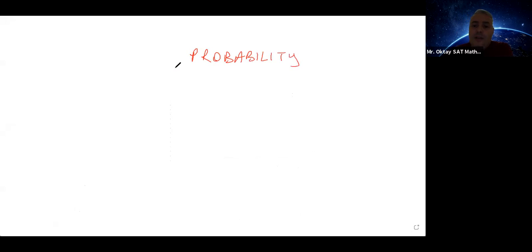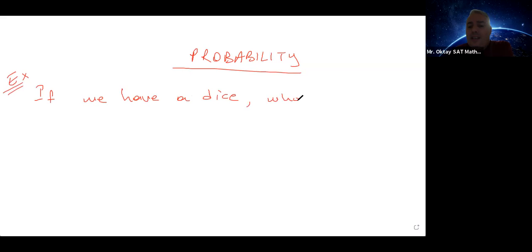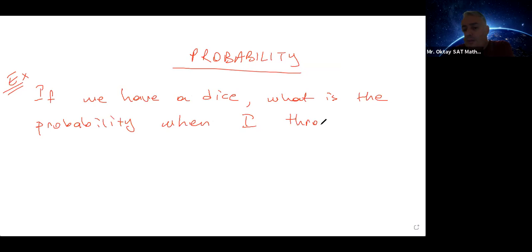Now, if we have a dice example, what is the probability, when I throw it, to see more than 4 on the face of the dice?